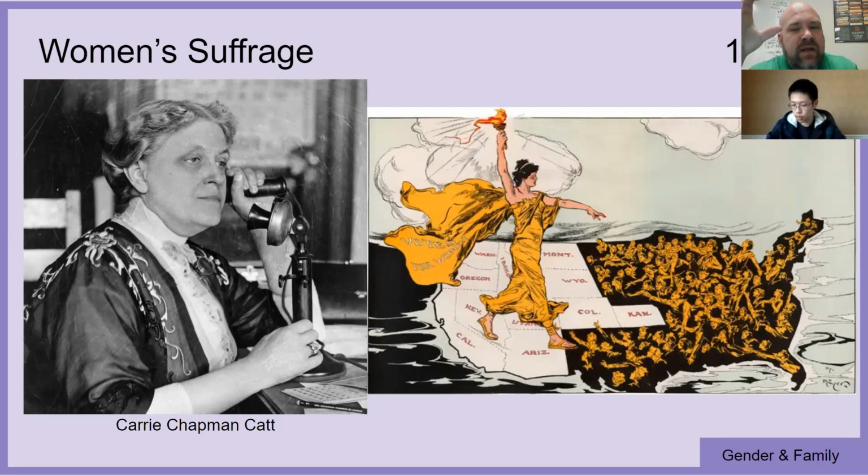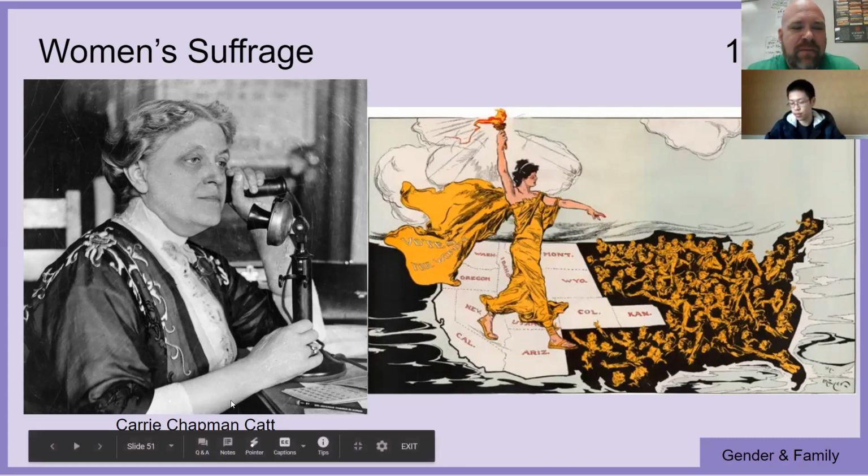And they had been leading the movement for like 60 years, right? Susan B. Anthony led the movement for something like 64 years. By the time we get to 1917, she's dead. They're both dead, right? The leader of the movement now is a woman named Carrie Chapman Catt.